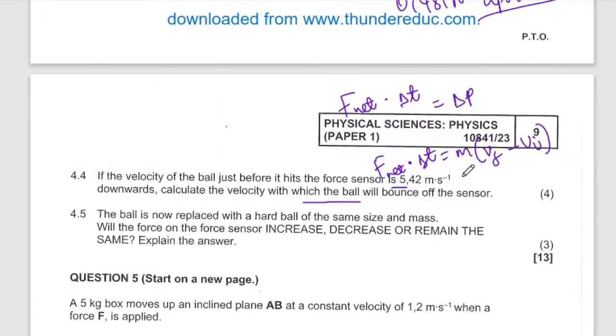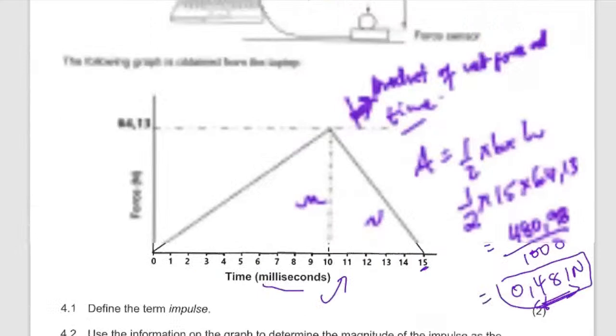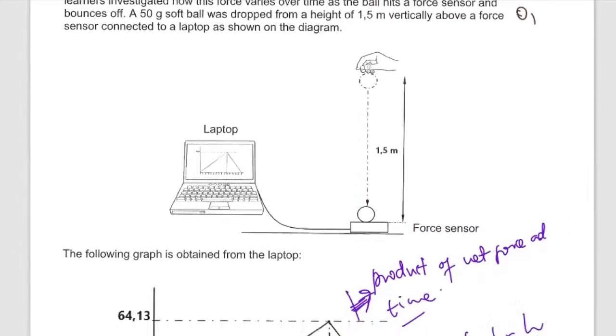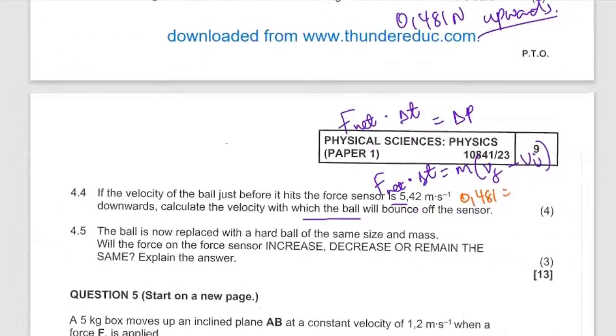Okay, so we say 0.481 is equal to the mass. Is it 25 grams? 25 or 50? It's 50 grams. So convert the grams to kilograms. That's going to be 0.05 kilograms, divide by 1,000.